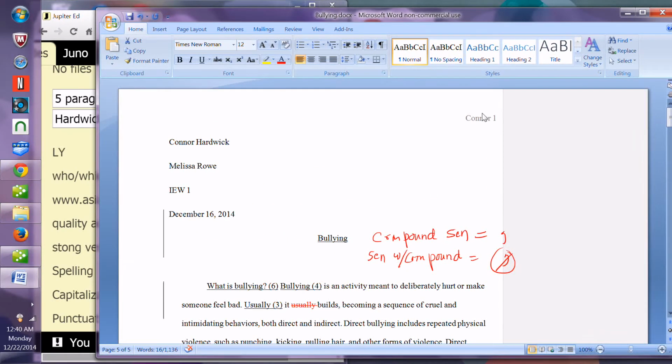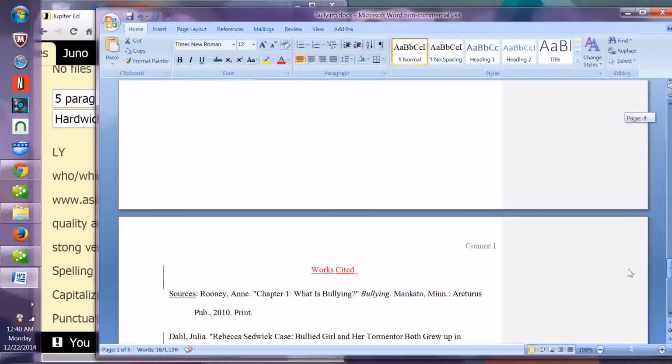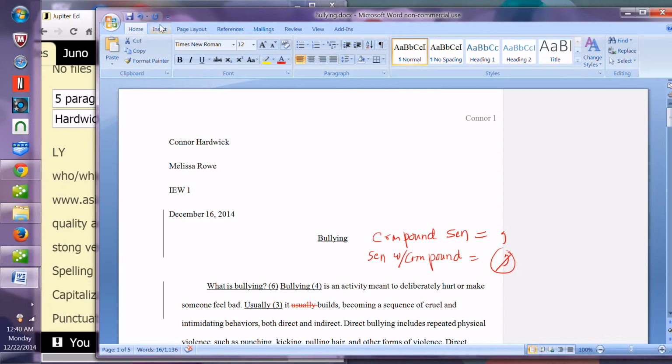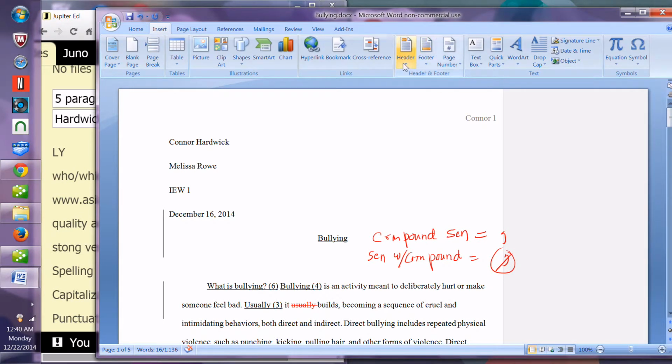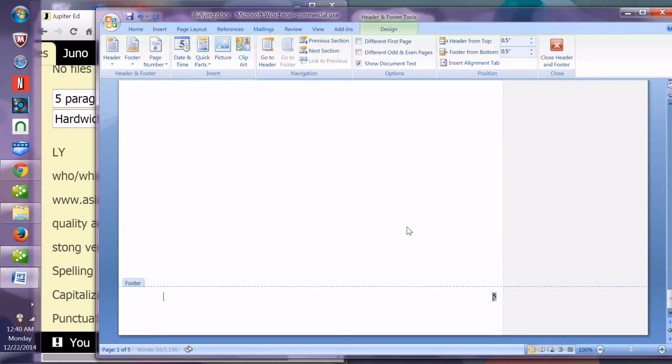It looks like you've written in these page numbers because you continue to have page 1. You must have done it as a header. We're going to do a page number at the top. Oh, I did bottom, sorry.